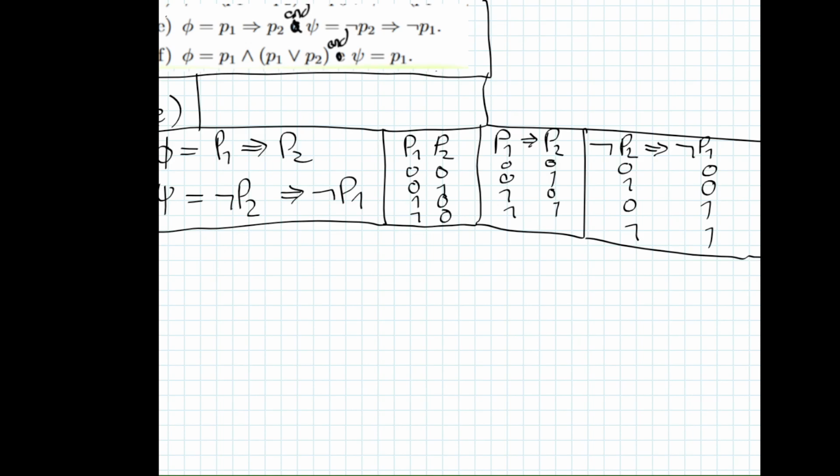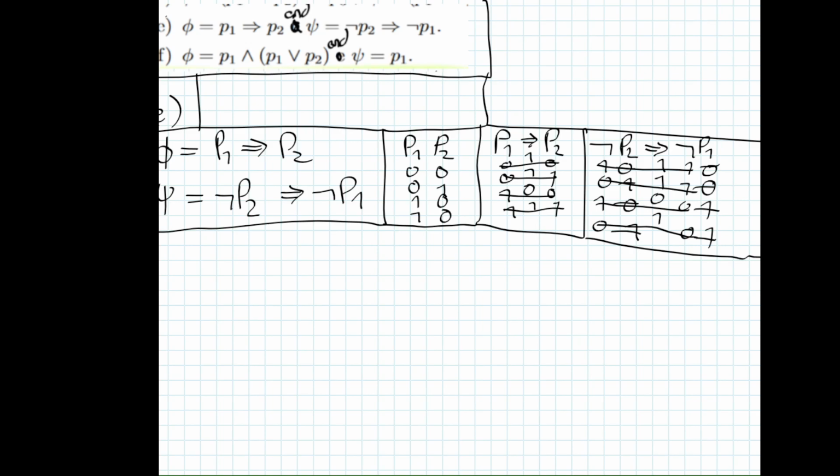Now let's see. This one returns 1, this returns 1, this returns 0, and this returns 1. For the second formula we have to do the negations first, so 1 0 1 0 and 1 1 0 0. And now 1 implies 1 is 1, 0 implies 1 is 1, 1 implies 0 is 0, and 0 implies 0 is 1.